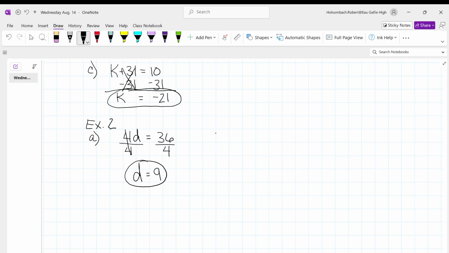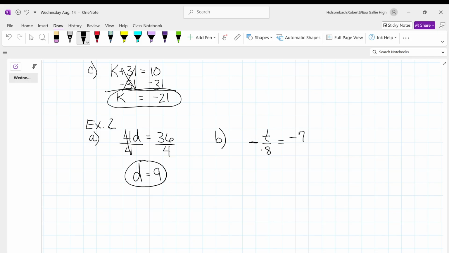Example 2b. Now we've got a negative, and it's t over 8 equal to negative 7. What's going on here is that t is being divided by 8. All right? And we also need to get this negative sign off of the left-hand side of the equation where the variable is.